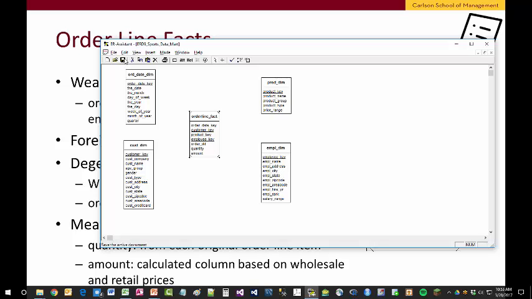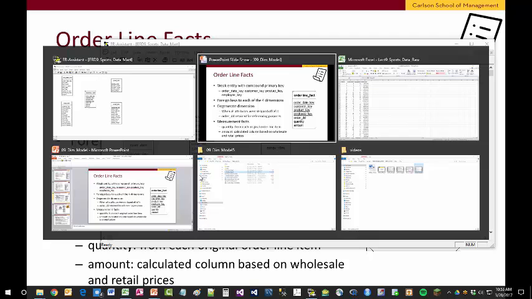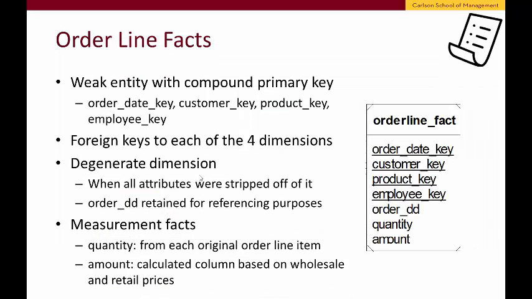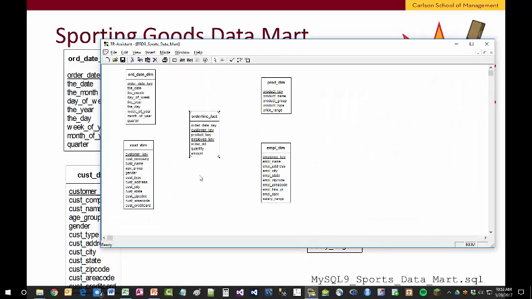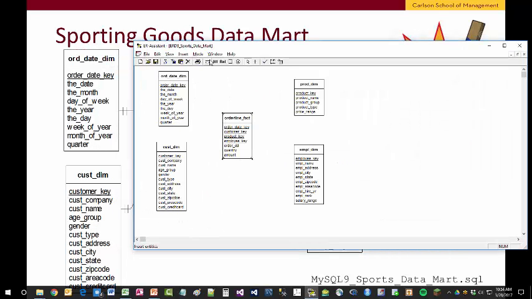Then each of the dimensions is going to be linked up directly to the order line fact table as shown essentially on the last slide here. So we can use that slide to help ourselves complete this design.